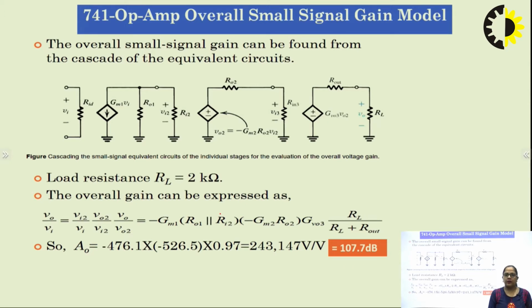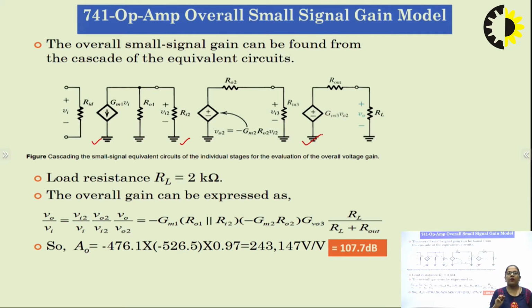How can we calculate the overall gain of the op-amp IC? In the last slide, we have seen that the complete internal architecture of the op-amp IC is divided majorly into 3 parts. That is input stage, second stage and the output stage. The overall gain model consists of the equivalent small signal model of each of these 3 stages. The small signal model of input stage, the small signal model of second stage, the small signal model of output stage.